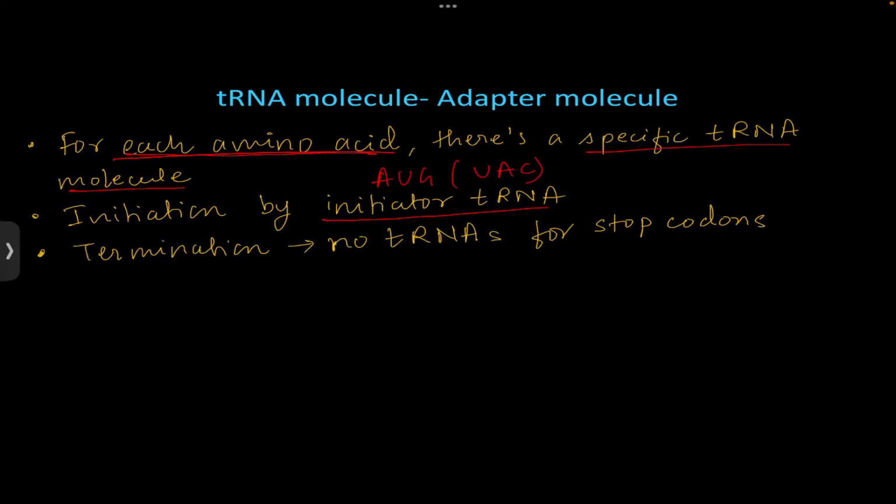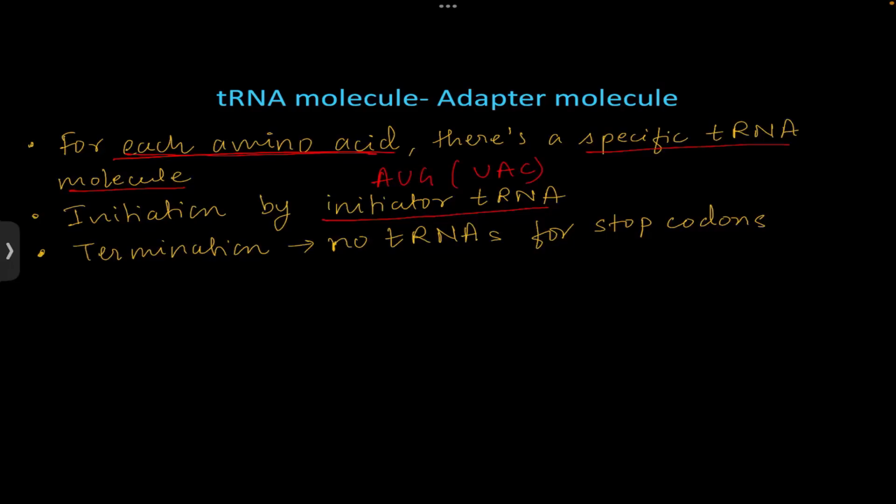And this particular tRNA will bring the amino acid methionine. From there onwards, the synthesis of the polypeptide chain will begin in the forward direction, that is towards the right side, towards the 3' end.